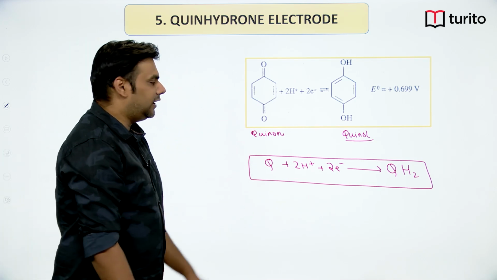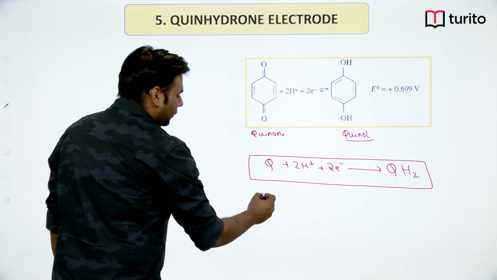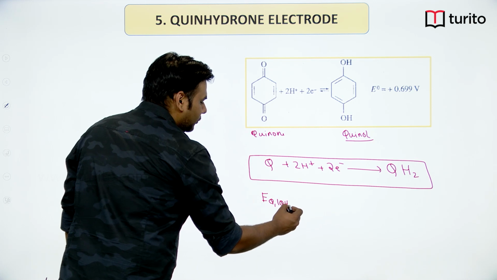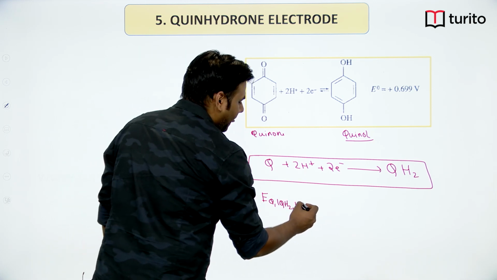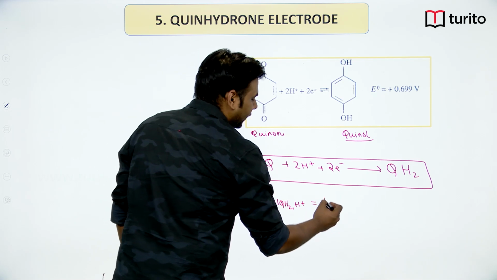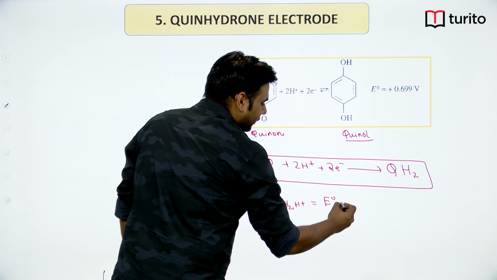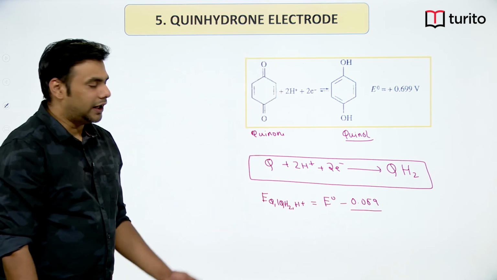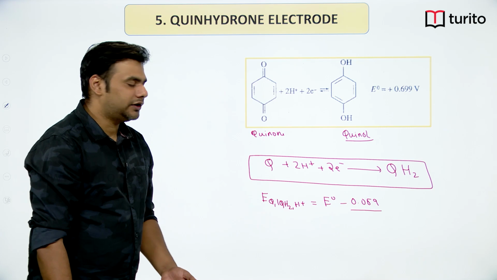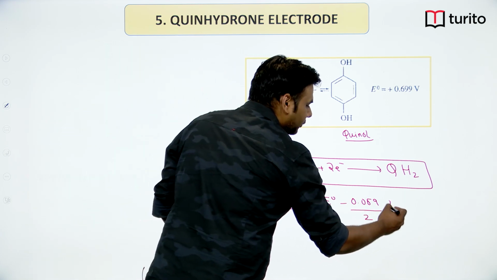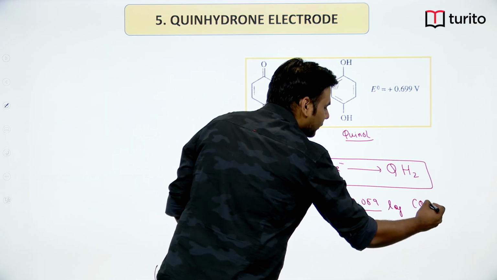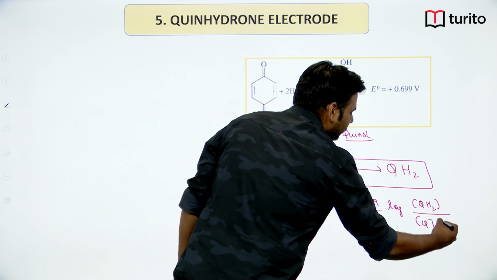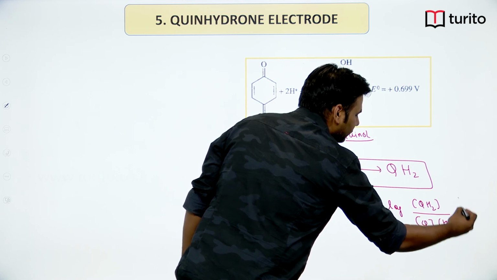We can write the Nernst equation for this as well. So we know that E of QH2 would be its standard reduction potential, minus 0.059 upon the number of electrons that the quinone is gaining, so n is 2, into log of concentration of QH2 divided by concentration of Q into concentration of H plus raised to power 2.